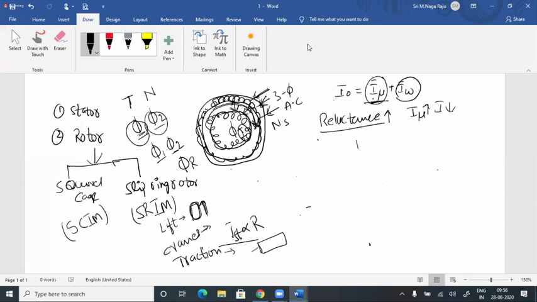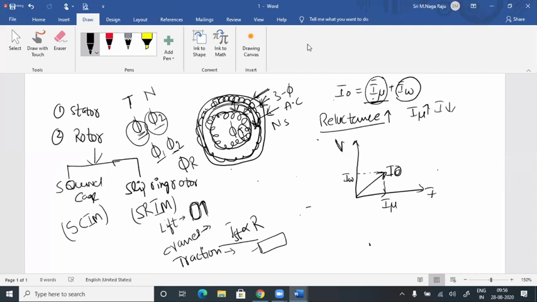So if you recall the vector diagram of the transformer, this is the no load current I naught. This component is the voltage and this is the current. This component is the working component. This component is the magnetizing component. Now this is the input primary current I naught.